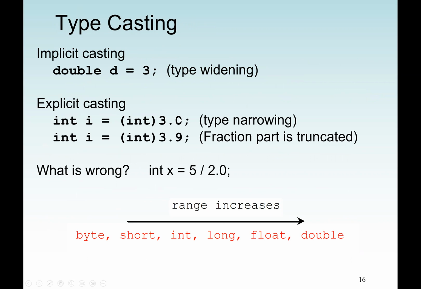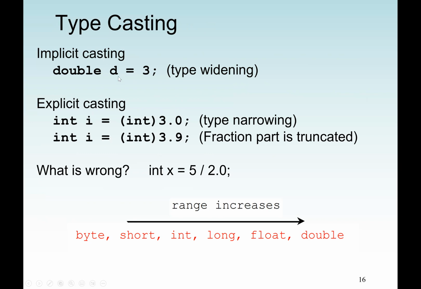Now with narrowing, we're going to lose. For example, I have a decimal value 3.0, and when I convert it to int, I lose the decimal places. The next is 3.9. If I convert it to int, I also lose. That's why we call it type narrowing, and this normally happens with explicit casting. You have to do this yourself.